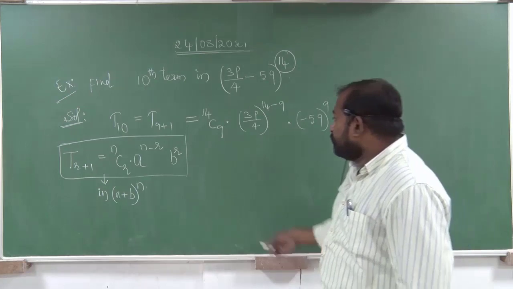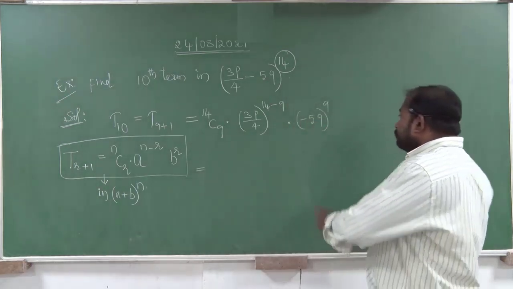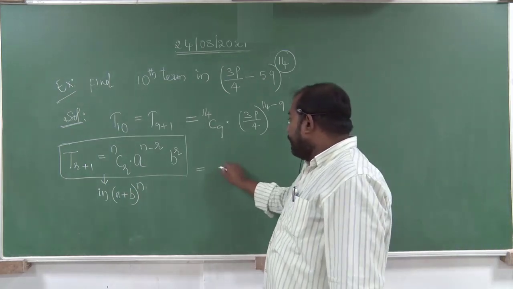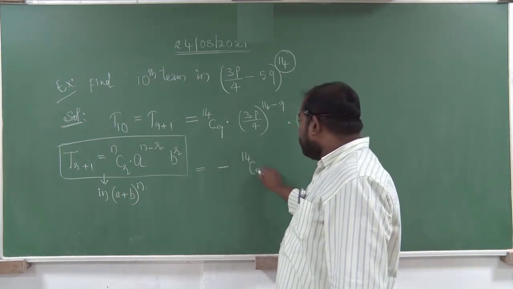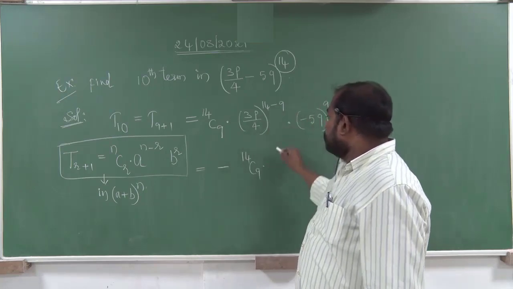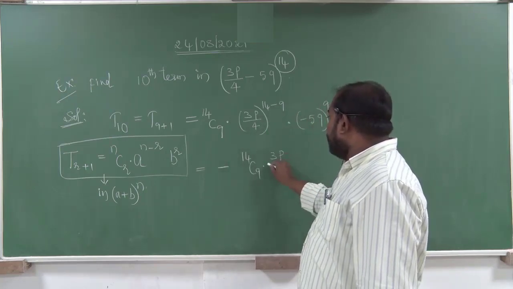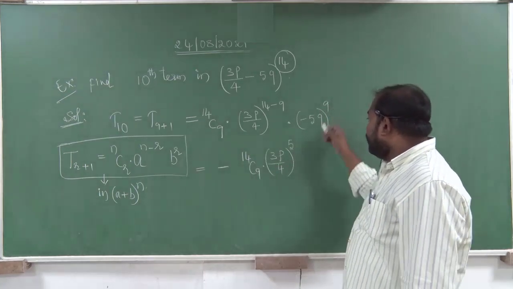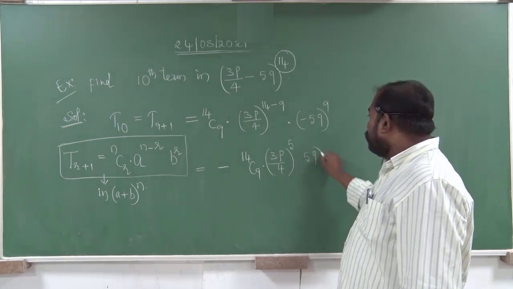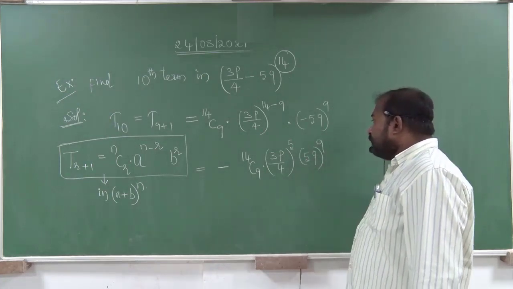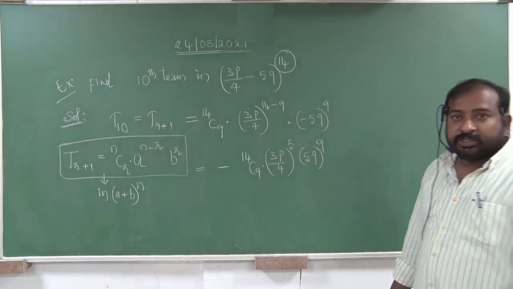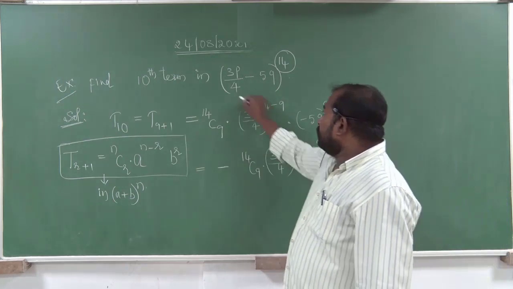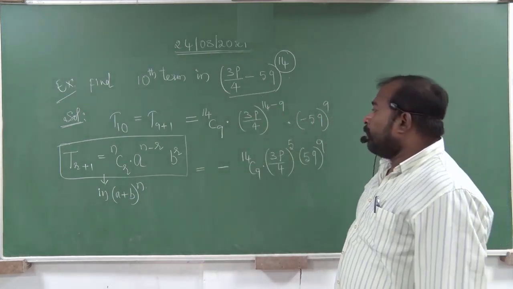Now simplify, which is equal to minus, because minus whole power 9 means minus only you will get. So minus 14C9 into (3p/4) whole power 5, and here you will get (5q) whole power 9. So this is the 10th term in the binomial expansion (3p/4 - 5q) whole power 14.